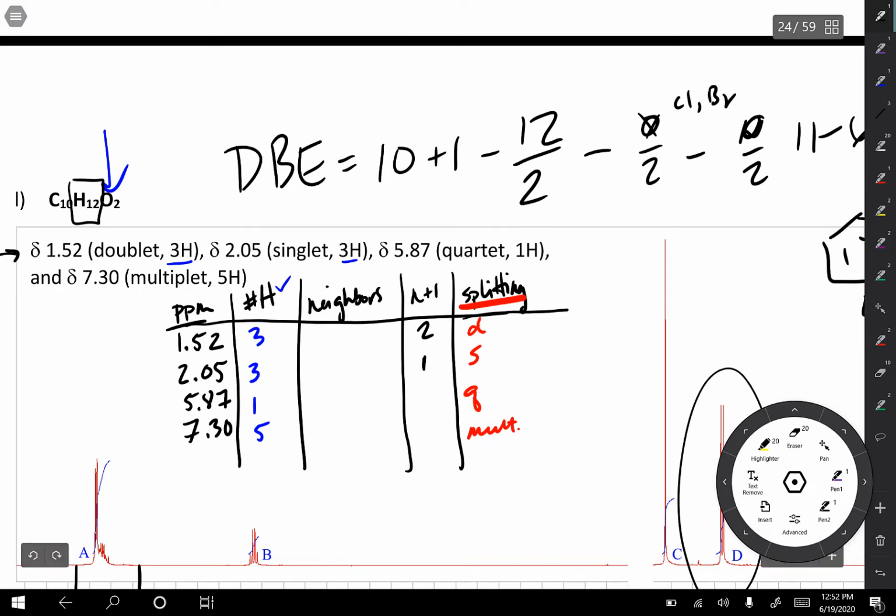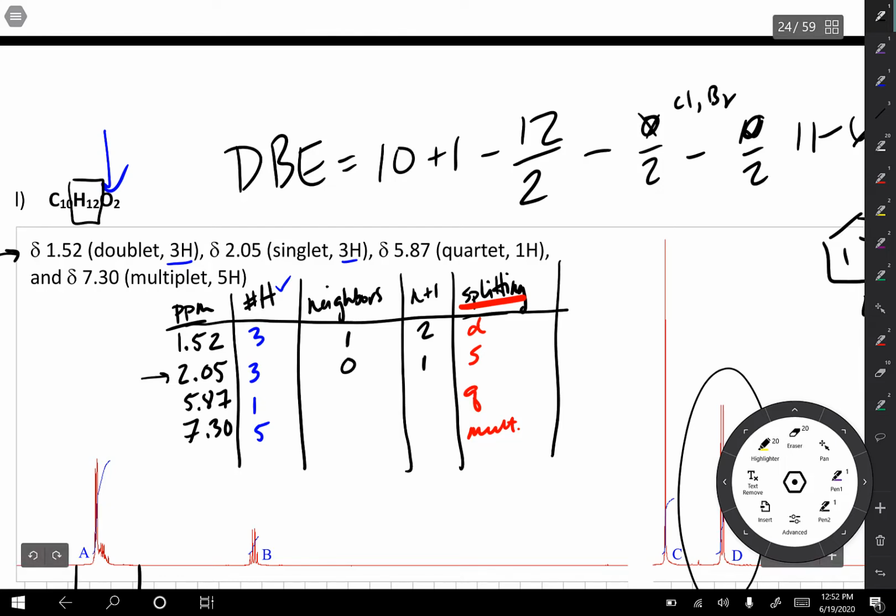We can backtrack now. I know the number of neighbors for an N+1 has to be 1. 1 + 1 is 2. N+1, if it equals 1, that means N equals 0. That means this thing at 2.05 doesn't have any neighbors. That's really important. There are 3 hydrogens without any neighbors. I hope your brain is starting to go, I know exactly what fragment that is.